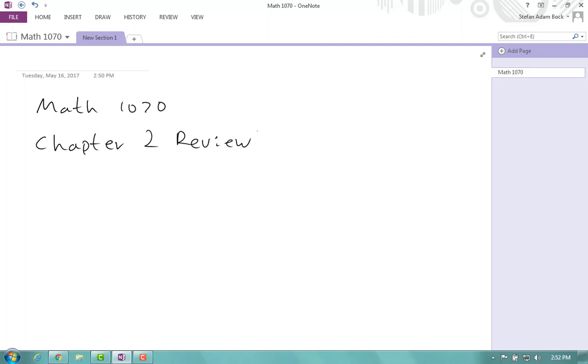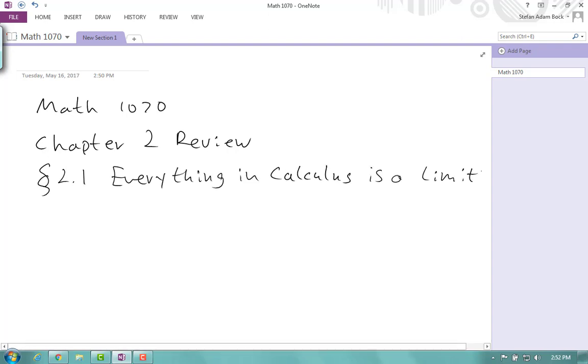And this is going to be especially important to deal with in the scheme of things, since everything in calculus is a limit, which is suggested in section 2.1. So we're going to deal with how to solve all these limits for chapter 2, and then the rest of calculus is basically finding new ways to avoid doing the limits, because limits can be pretty tedious.